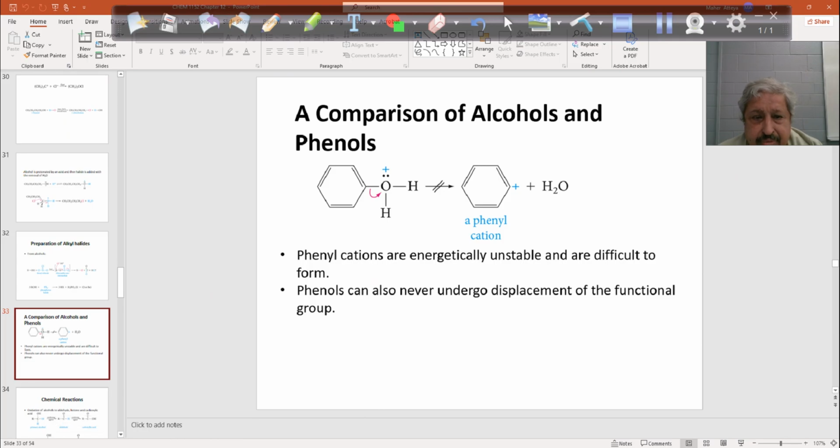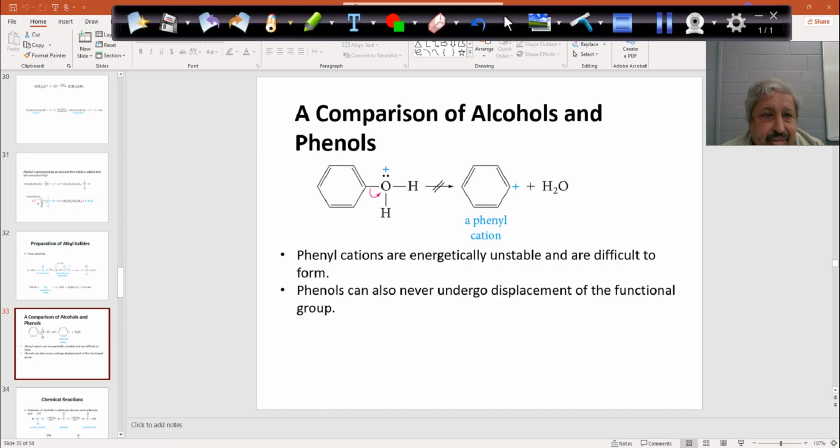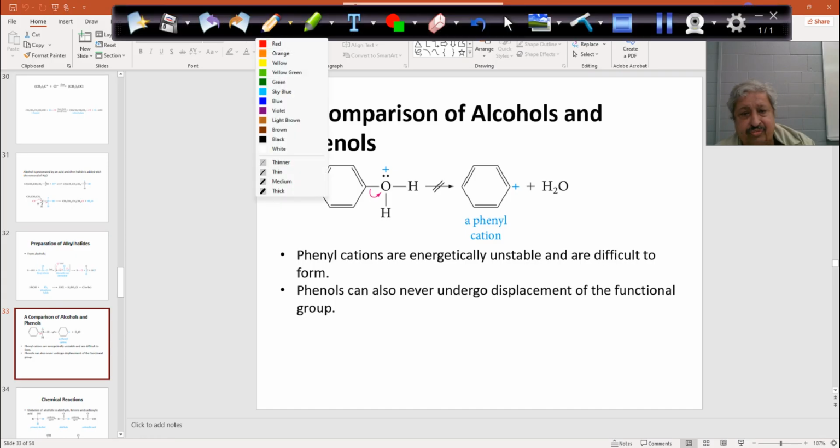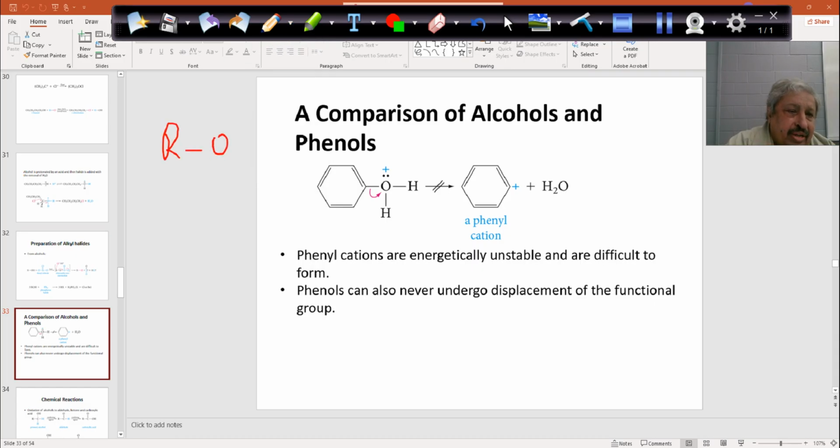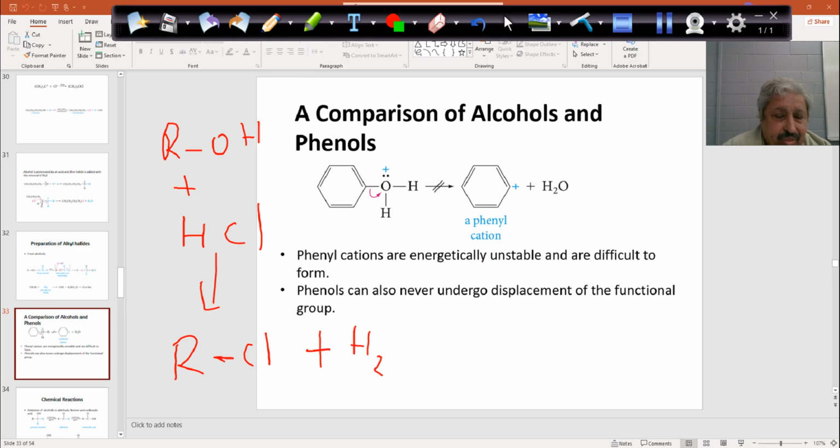So this is a comparison between alcohol and phenols. As I said, phenol is very stable, very stubborn, and does not undergo any type of reaction easily. If we have the alcohol and we add an acid to it, then we get the RCl, for example, plus the H2O.